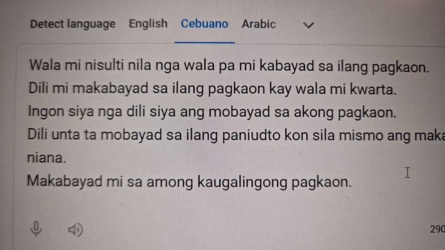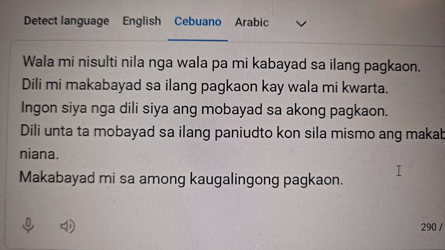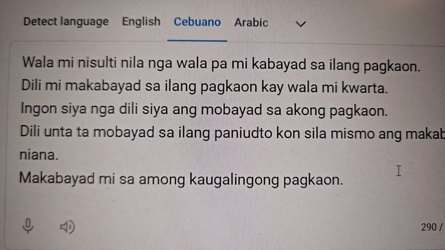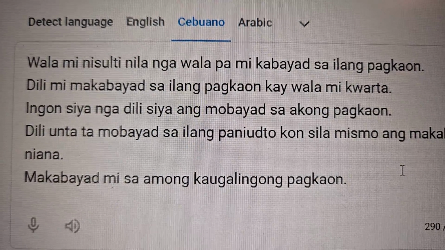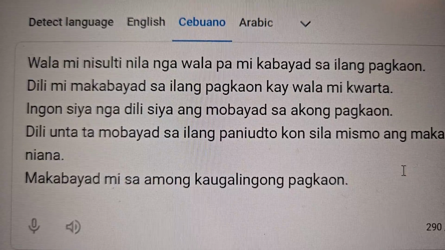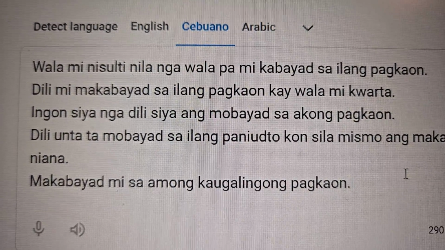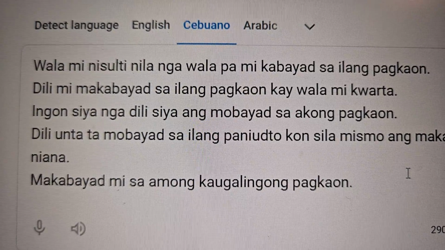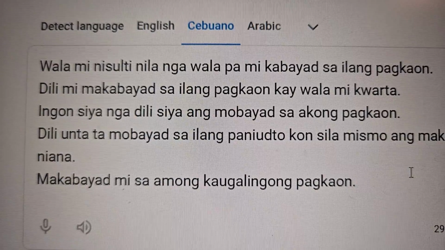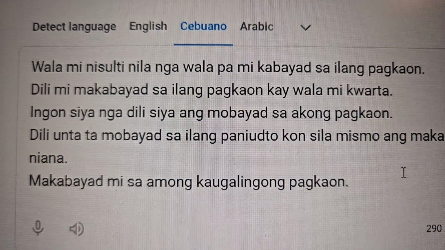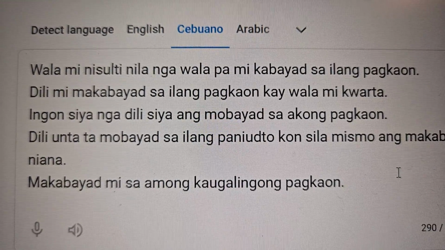Dili siya ang mobayad sa akong pagkaon, for my food. Translation: he said he wouldn't pay for my food. Notice the difference between he said that he wouldn't pay for my food and the shorter version. Some people will just ignore that and translate it in their mind as he said he wouldn't pay for my food. Ingon siya nga, dili siya ang mobayad sa akong pagkaon.